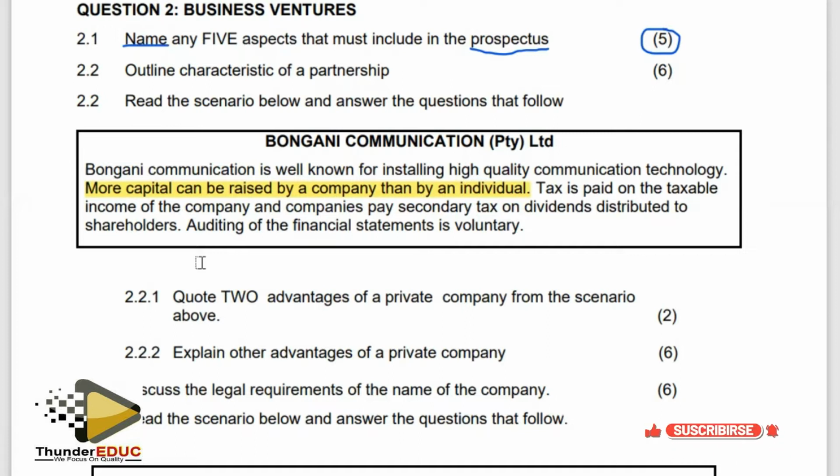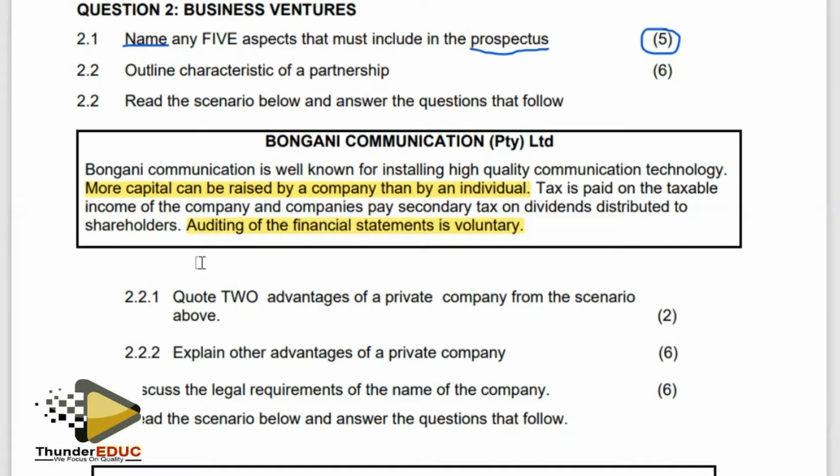Another important aspect is that auditing of financial statements is voluntary. This is also very important. What do we say quoting?